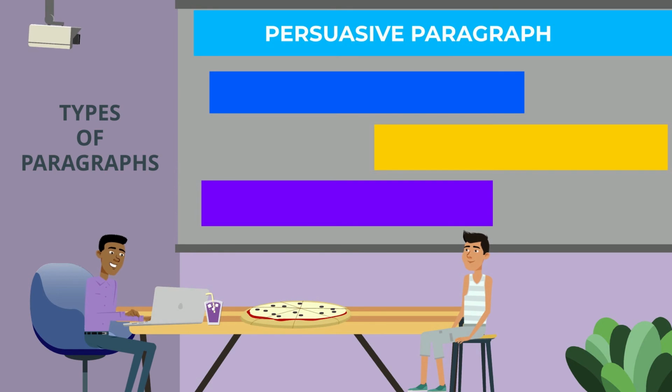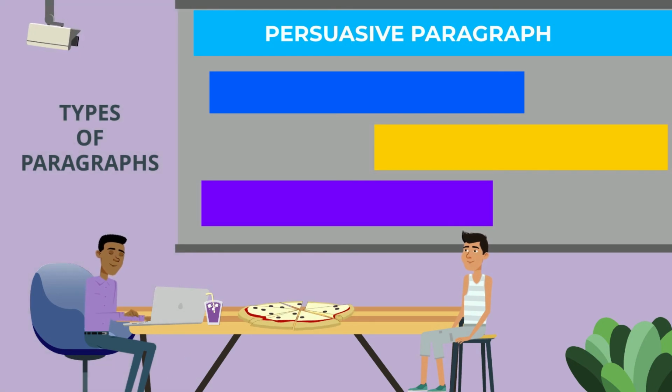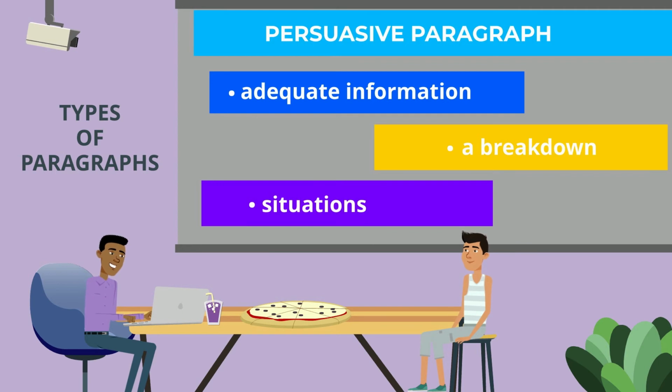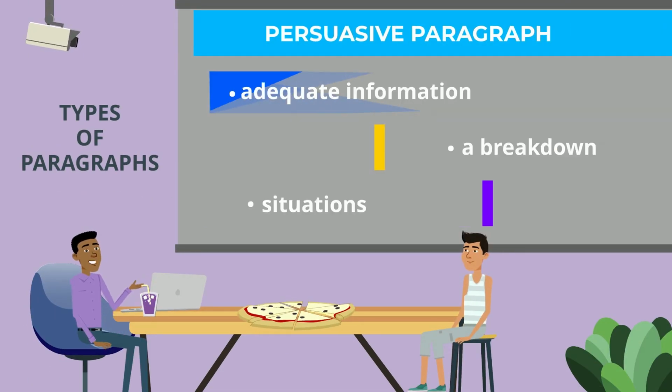Opinion is not the only component of this type of writing. Adequate information, a breakdown, and the situations must also be given to the reader in order for them to make a decision. Read this example with me.